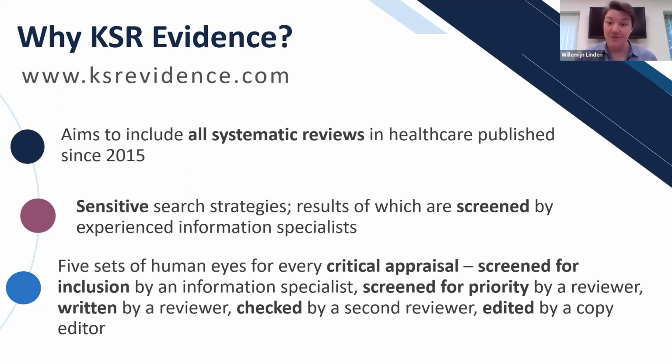So you know that when you search KSR Evidence, you are searching the top of the evidence pyramid. We also put systems in place that allow us to prioritize the appraisal of highly relevant studies. I've already talked about that a little bit, and Robert will tell you more in a few minutes. Long story short, if you want to find systematic reviews and if you want to know if they are any good, KSR Evidence is an excellent place to perform your search.